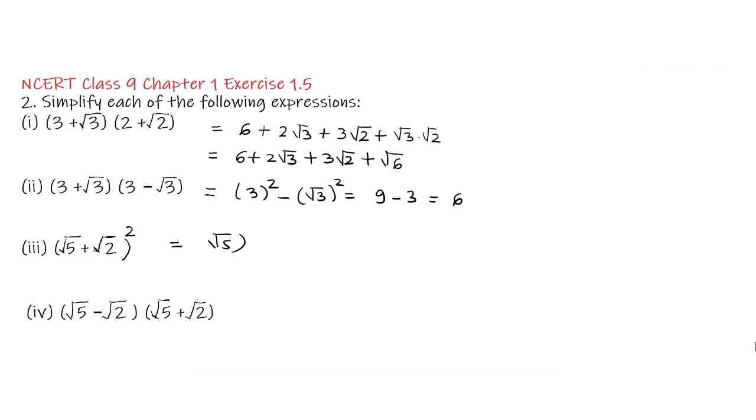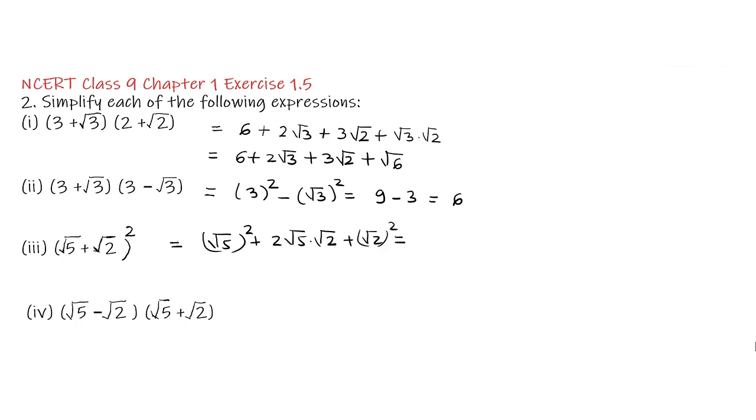So this gives us root 5 square plus 2 root 5 into root 2 plus root 2 square.